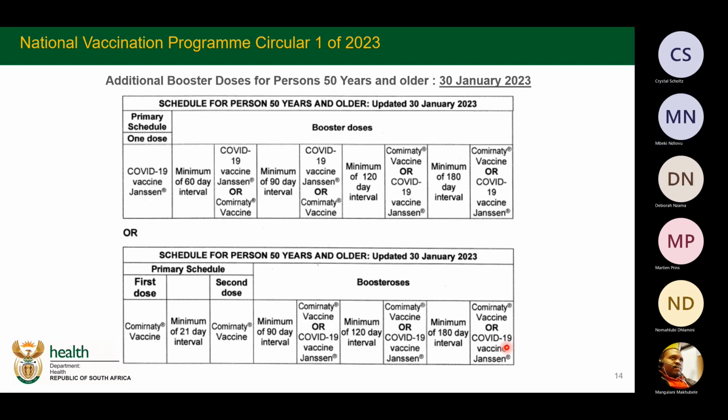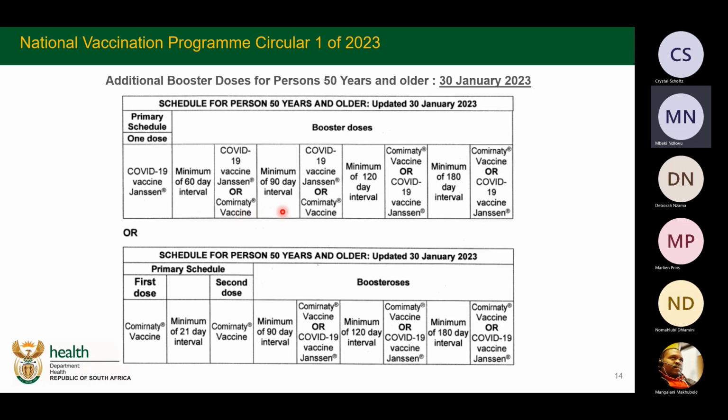Now, if you are 50 years and older, it's still the same as the previous slide, except that the number of booster doses that you get is 1 dose more than the previous age group. So if you started with J&J, after 60 days, you're allowed to choose a dose.